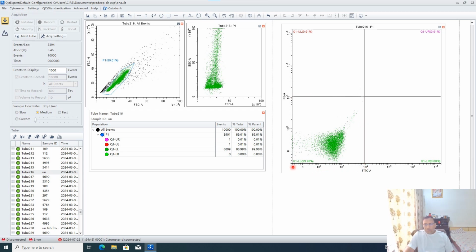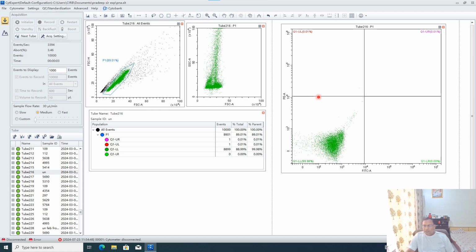Here, this negative run of the sample indicates negative for PI, negative for FITC. If the sperm population falls in this quadrant, it means FITC negative. This vertical line is the borderline; beyond this, FITC positive.